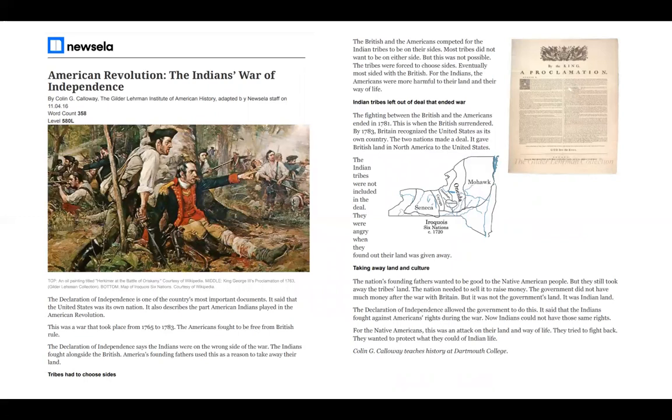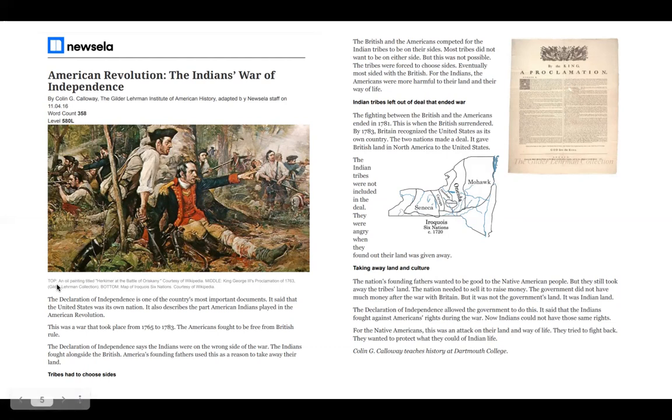American Revolution, the Indians' War of Independence. Let's pause here, take a moment and preview this text. Look at the pictures, look at the subheadings, and think to yourself, what is this text going to be about? All right, I'm going to start by reading the caption for this picture.